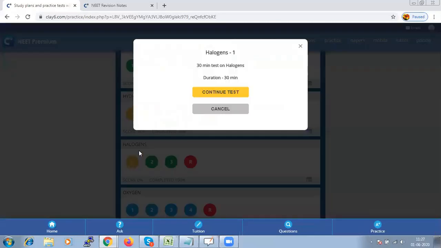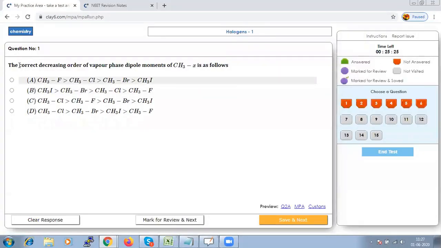So when we take a test from haloalkanes, what is the correct decreasing order of the vapor phase dipole moment of CH3X?